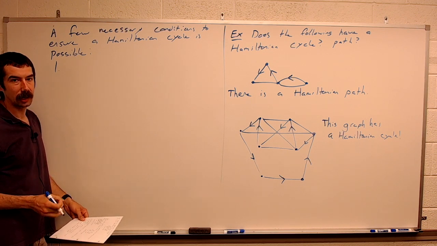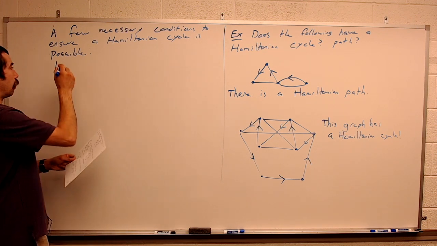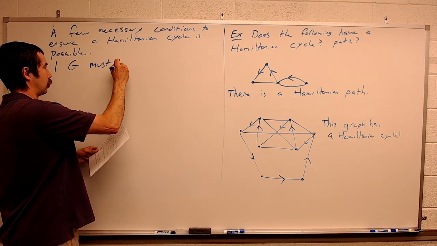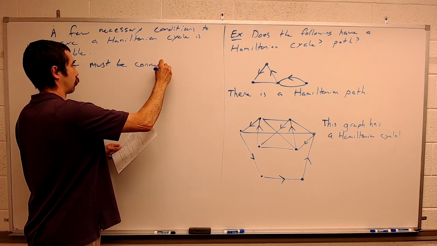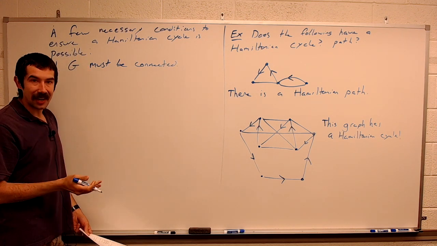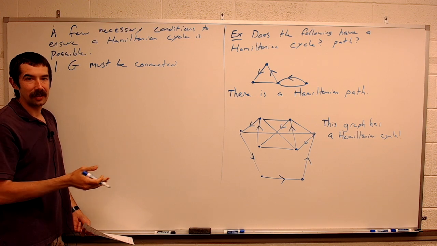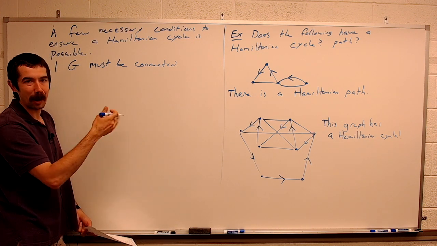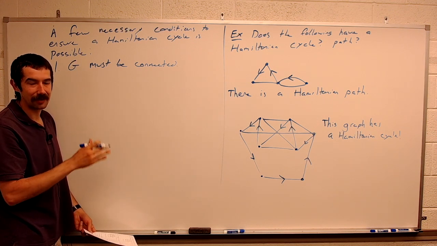All right, so the first one is G must be connected. If we have a disconnected graph, then it's going to be impossible to get from one component to the other. So there's no way we're going to be able to find a cycle that hits every single vertex.